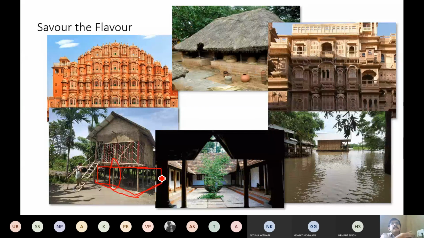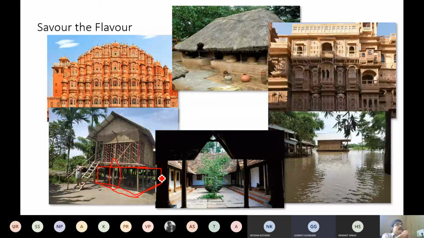The requirements are different, though both places get a lot of rain. The requirements of both the places are different. Kerala has hills and Assam lies on plains. That is why things are different.